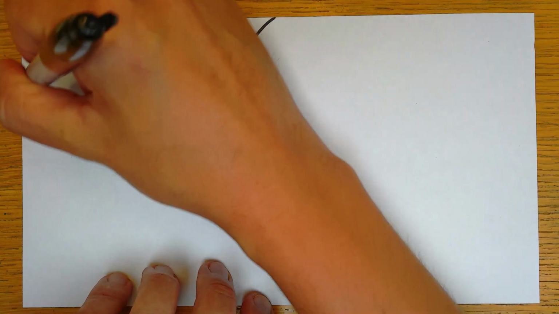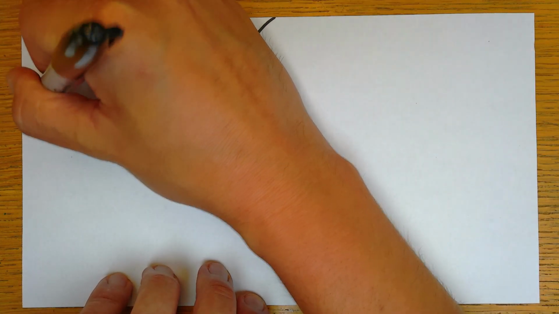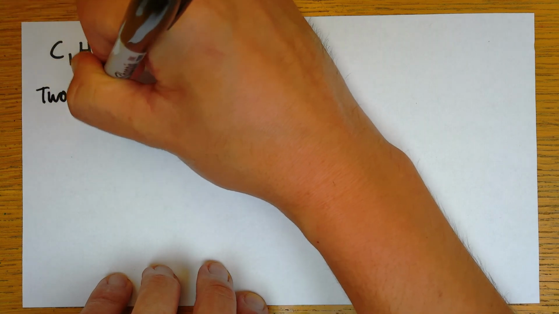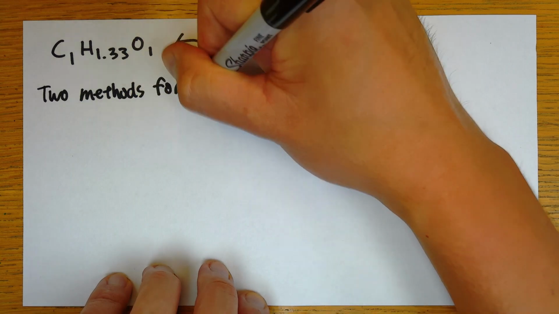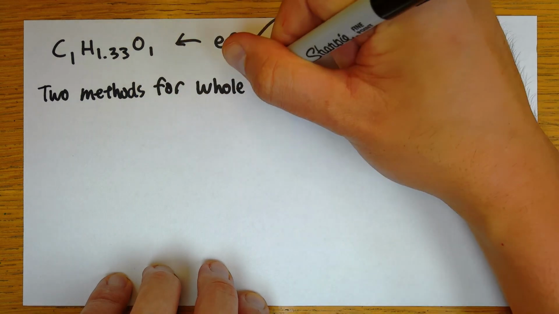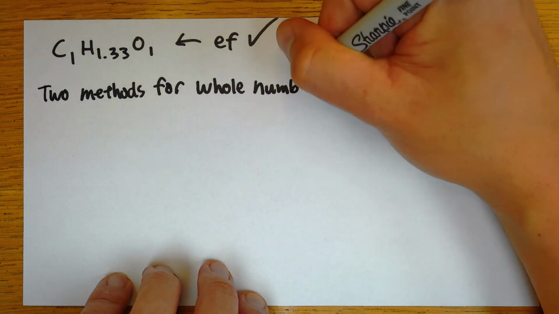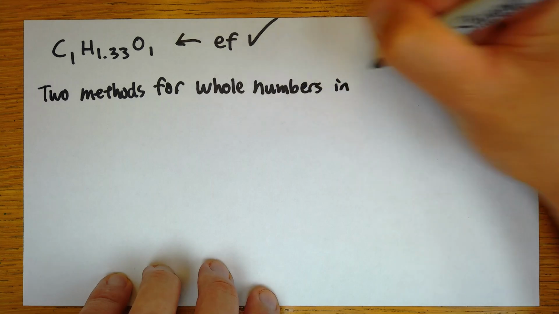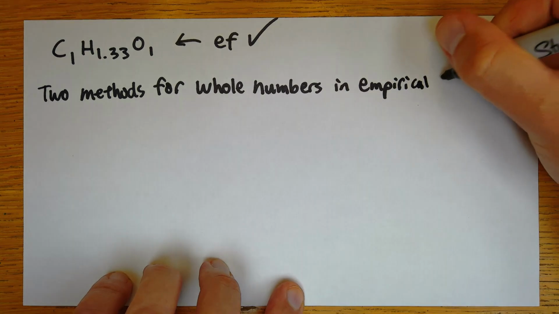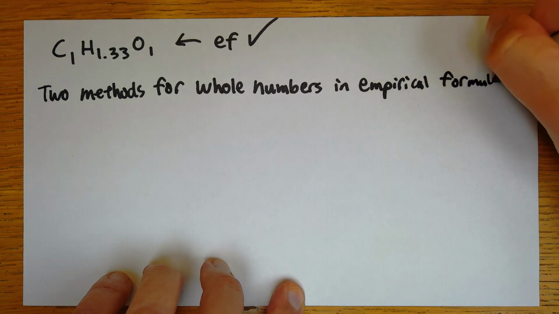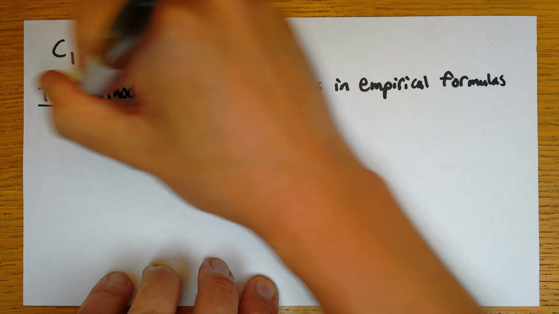So to get whole numbers, I'm going to show 2 methods for whole numbers in empirical formulas. All right.